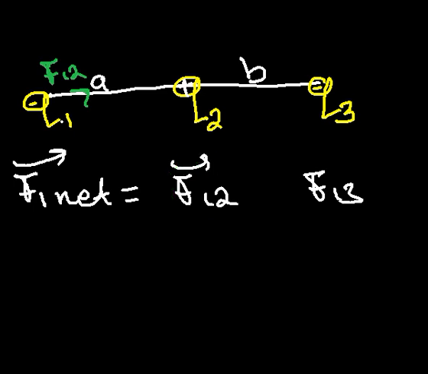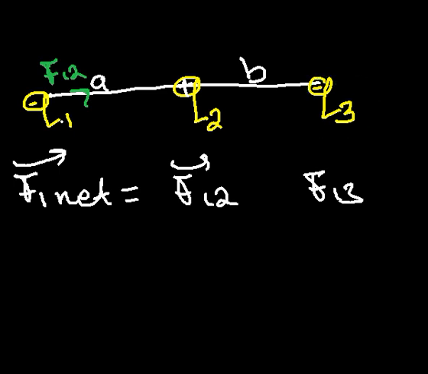How about F13? This is the parental charge and this is the daughter charge, and the direction has to be from the parental charge. Looking at charge 1 as well as charge 3, the charges are like charges and the force between them is the repulsive force. So what will be the direction of the force that charge 1 will experience due to charge 3?